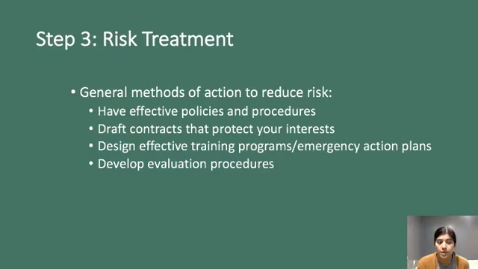Meaning that what you might deem to be an appropriate risk treatment method might be different from one of your peers. But just as we did with evaluation, you want to take the information you have and then use that information to inform your decision making. And also, of course, taking into consideration the budget of your organization. That's obviously going to play a big role in terms of what you can actually do.